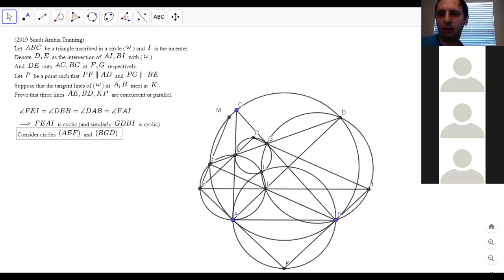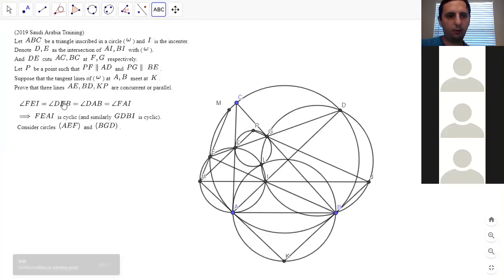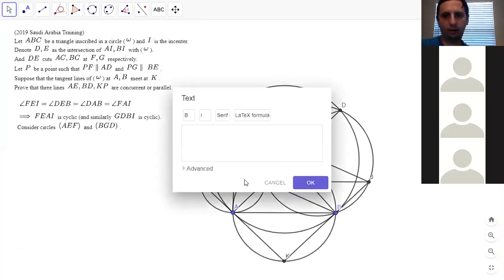Yeah, Nguyen has a pretty fast solution, so I'm just going to write out how Nguyen did it. But I think your way works too, it's just slightly longer.